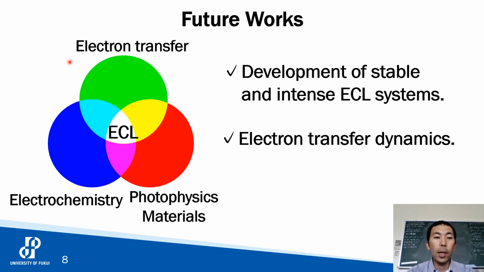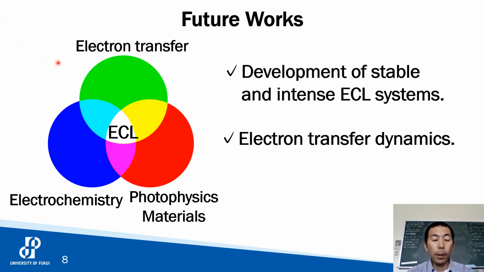I think ECL is composed of three main components: electron transfer and electrochemistry, photophysics, and material chemistry. Like RGB color, ECL is based on the three main fields.